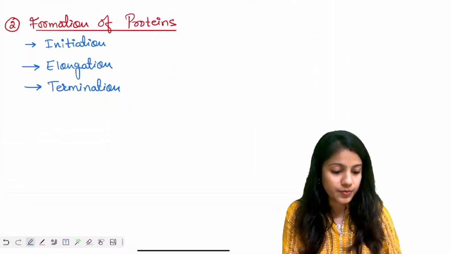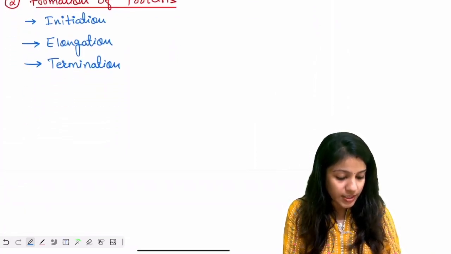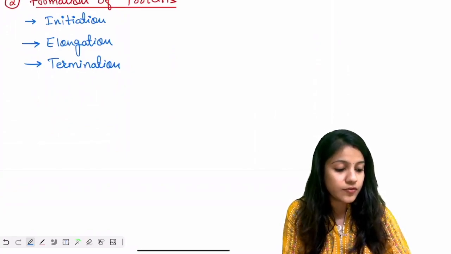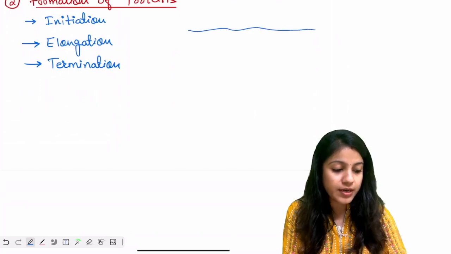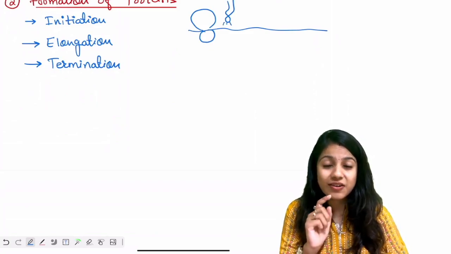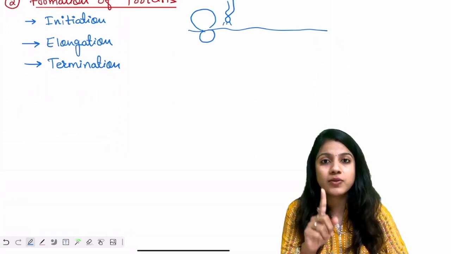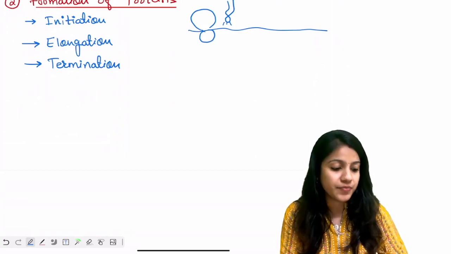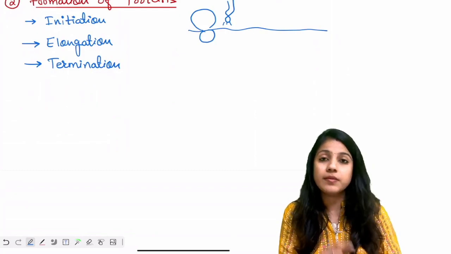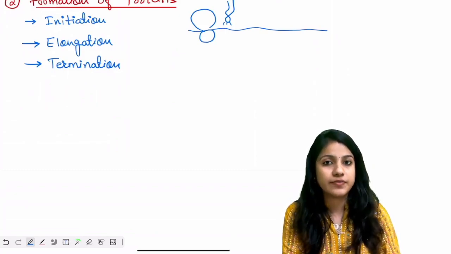Fine. Now, for the initiation process, what do we need? The process is getting started, right? So for initiation, we need this mRNA, we need a ribosome, we need tRNA to come and attach. Not only tRNA, we need the amino acid tRNA, the charged tRNA. Along with this, we need certain factors. Remember, at the beginning, I wrote that we need certain factors.